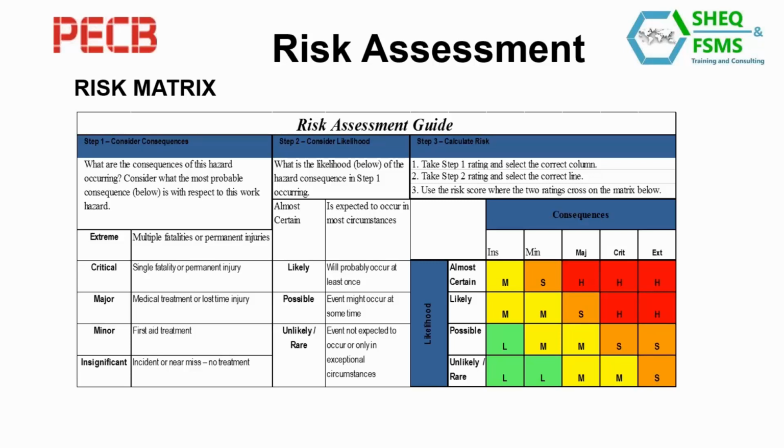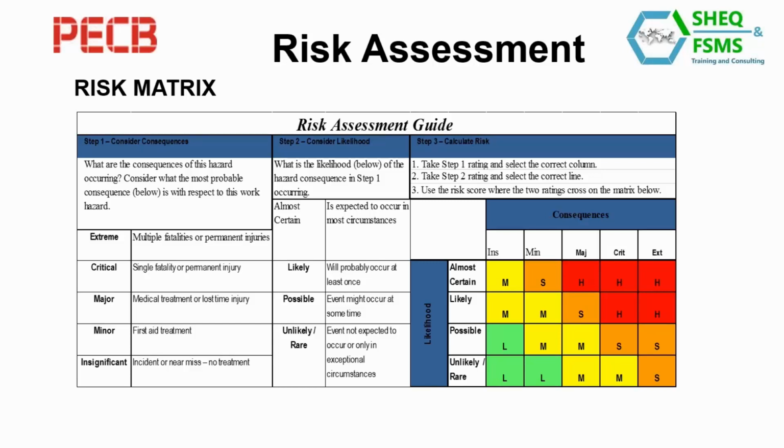For instance, if the likelihood is almost certain, and the consequence is extreme, then you go on the line of almost certain and come to the column of extreme, and you get H. That is a high risk.